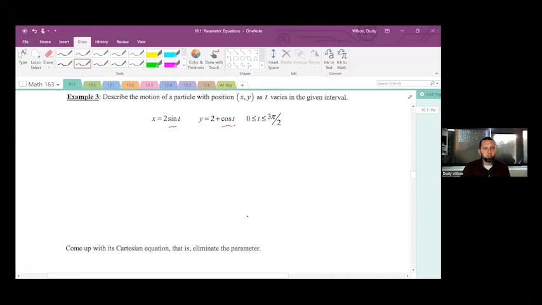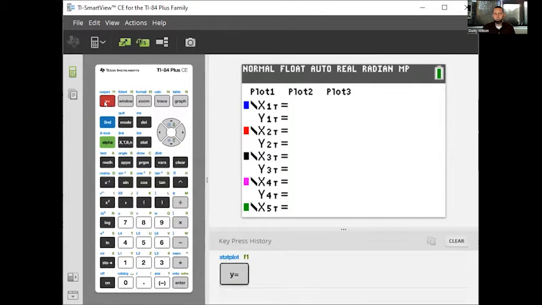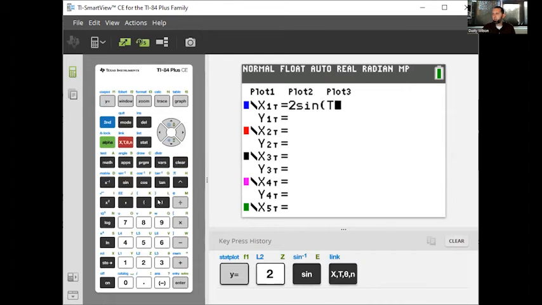So let's use our Texan friend to try to understand what's going on with this particular equation. Once again, we're going to graph using our graphing calculator. My calculator is still in parametric mode, so I'm going to go to the y equals and enter my 2 equations. For x, I have 2 sine t.